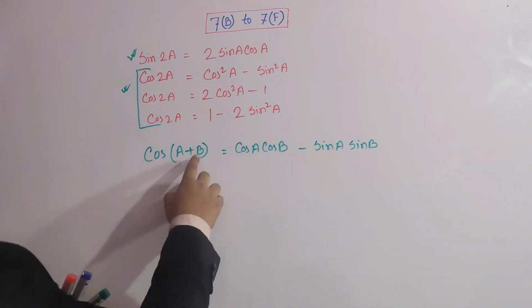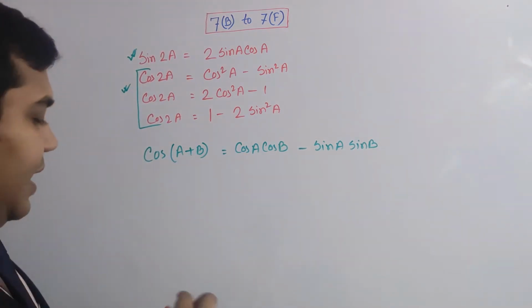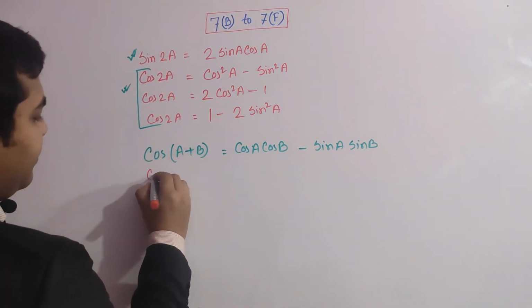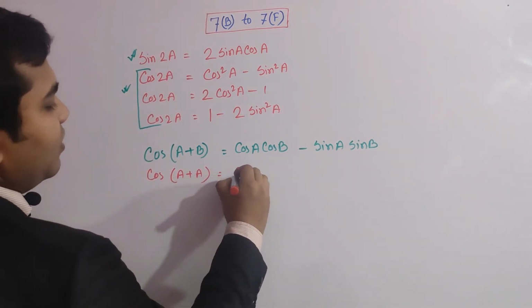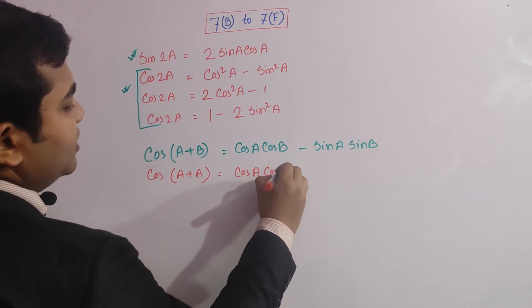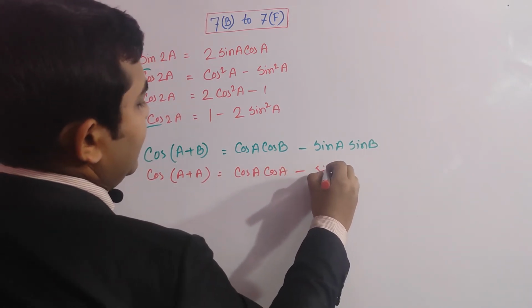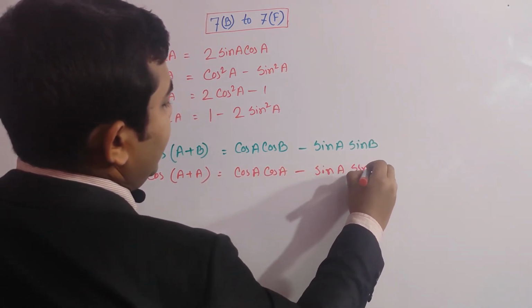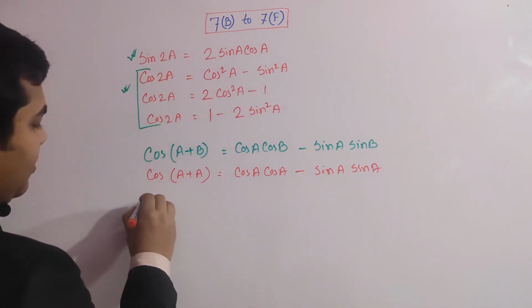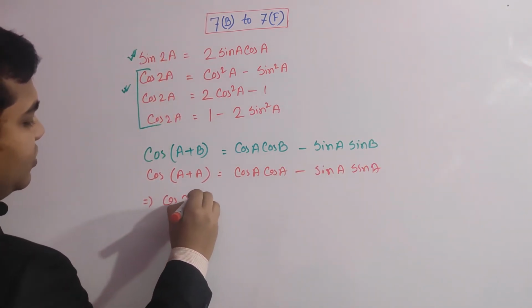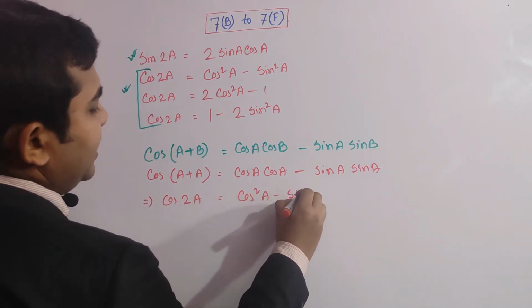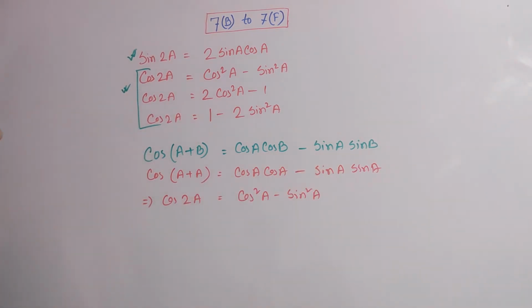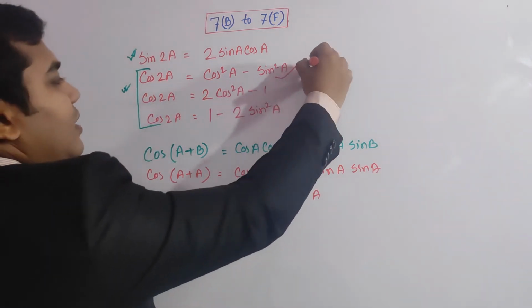So here if b is replaced with a, then cos (a plus a) should be cos a cos a minus sin a sin a. So it can be written as cos 2a equals cos square a minus sin square a. So this formula has been proved.